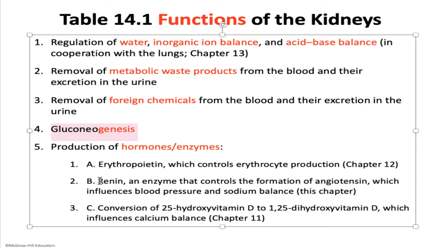The second is an enzyme, renin, and that enzyme controls the formation of angiotensin, which is a hormone that regulates blood pressure and sodium balance. Finally, the kidney is involved in the conversion of 25-hydroxy-vitamin D to 1,25-dihydroxy-vitamin D, the effect of which is to influence the calcium pool within the body, the calcium balance.